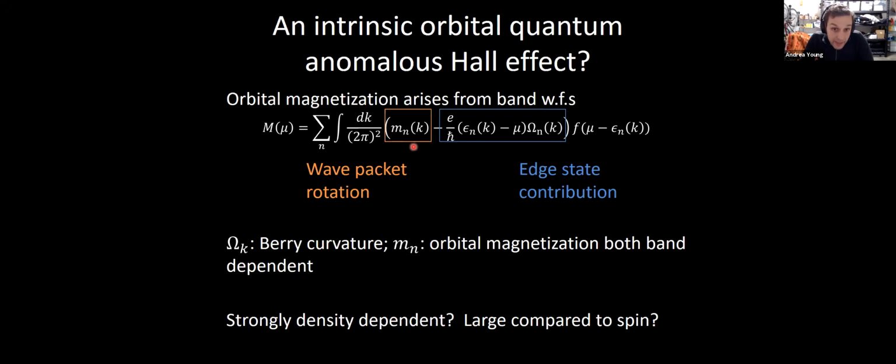But the basic point is that all of these are density dependent, and depend, of course, on the band wave functions themselves, which, as I think I've shown you in various ways, you have a great deal of control over in these systems. And more importantly, what our measurement of this total M shows is that this is, if not the only contribution, certainly the dominant contribution.